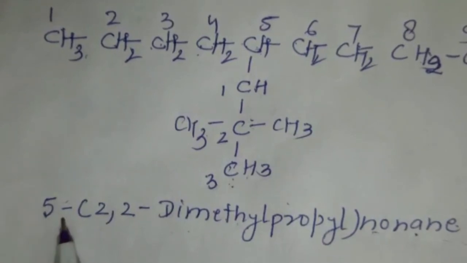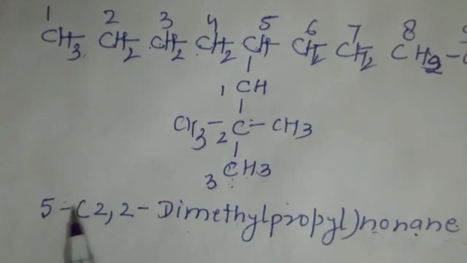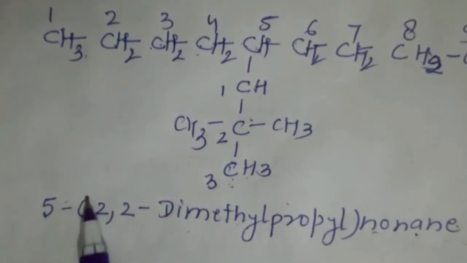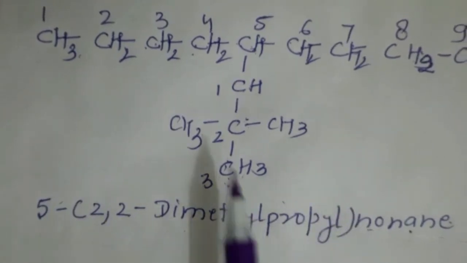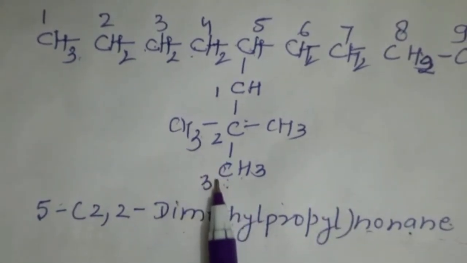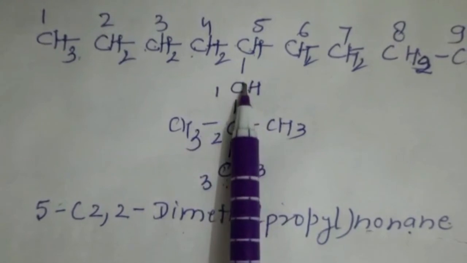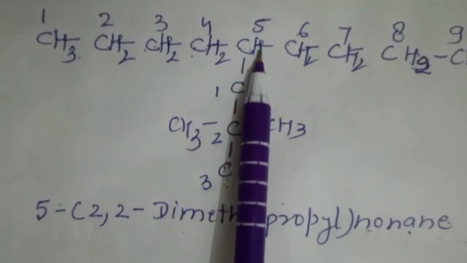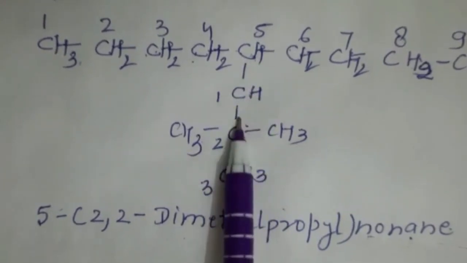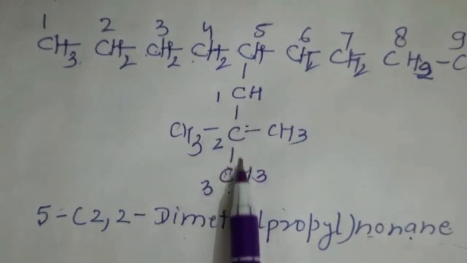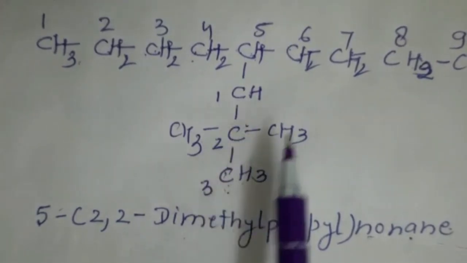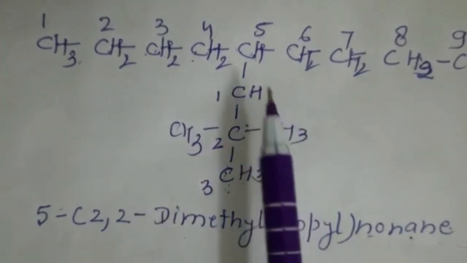So first you have to write down the position, then a dash, and then in brackets the name of this complex substituent, considering the carbon atom which is directly linked to the principal chain as the first carbon atom. You have to follow the IUPAC nomenclature rules for naming this substituent.